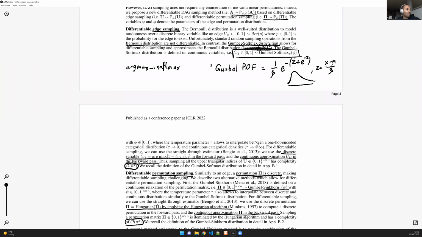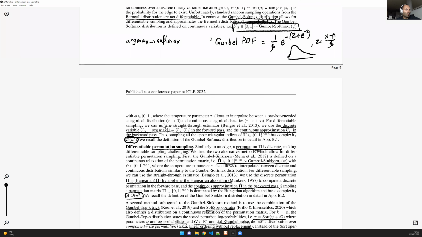There is also a parameter theta, which is an interpolation between a one-hot encoded, categorical distribution and a continuous distribution. So it allows controlling how discrete you want your distribution to be. The theta can be used to control that.